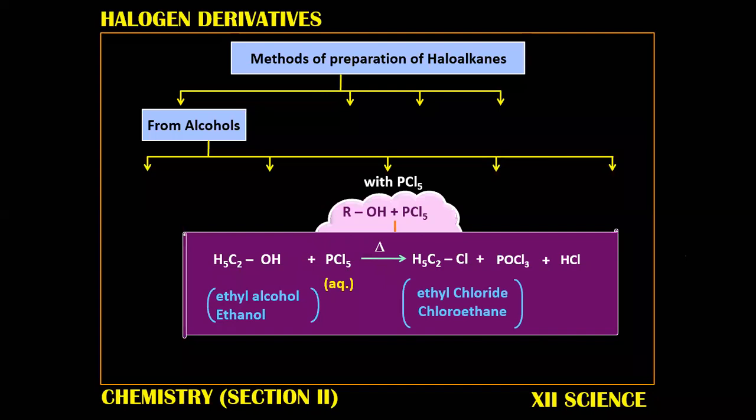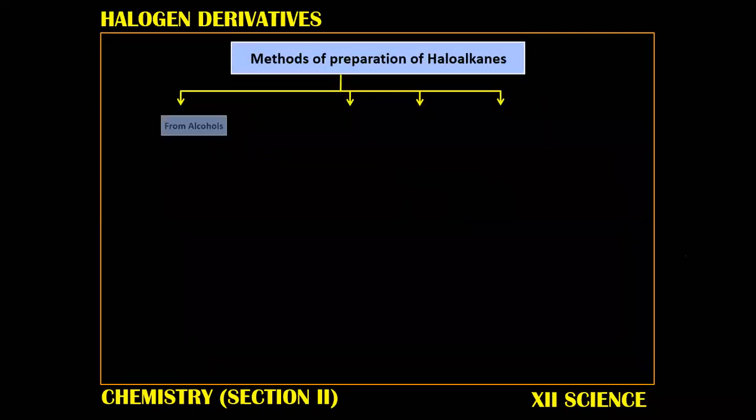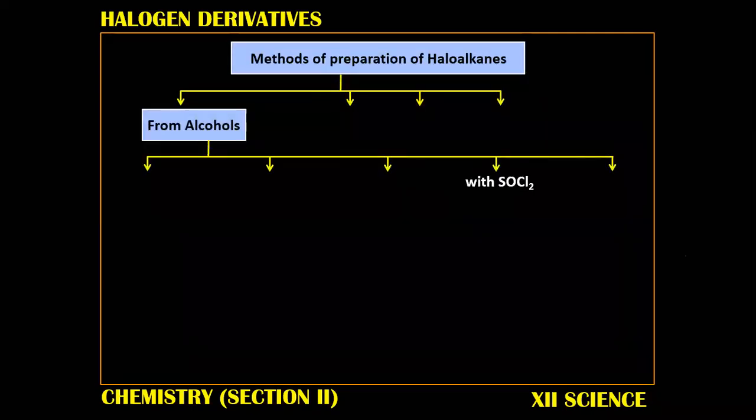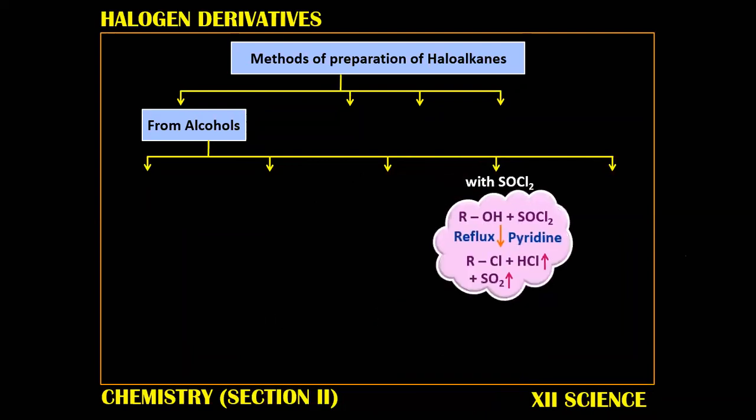Under alcohol, the next category is with SOCl2. Now SOCl2 is called thionyl chloride. When alcohol reacts with SOCl2, that is thionyl chloride, you have to use pyridine. Now what is the formula for pyridine? It is a heterocyclic benzene ring, C5H5N.